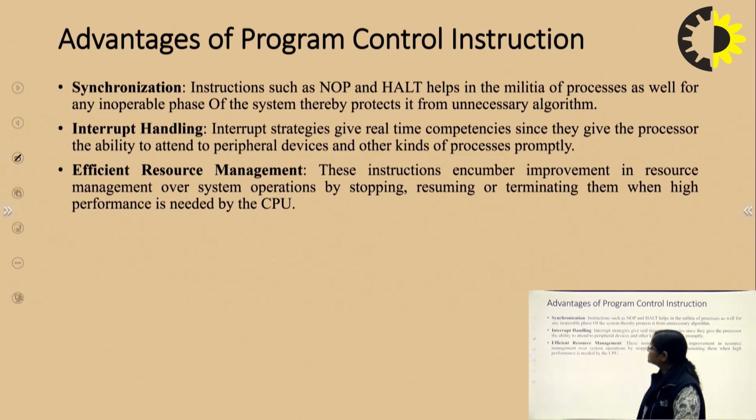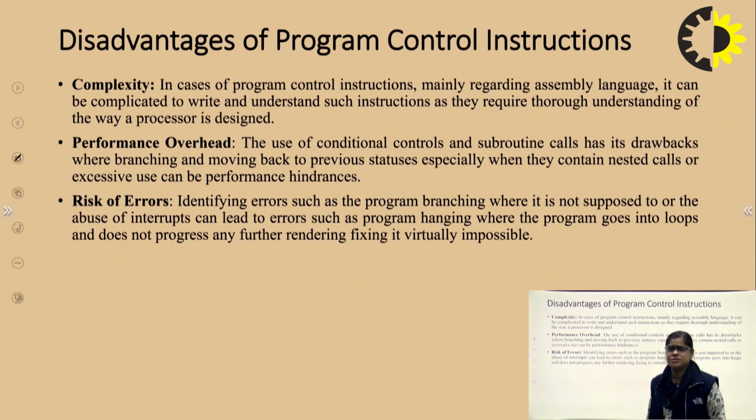Now we will come to the disadvantages of the program control instruction. The first one is complexity, right? In normal sequential program flow, we simply follow step 1, step 2, step 3.